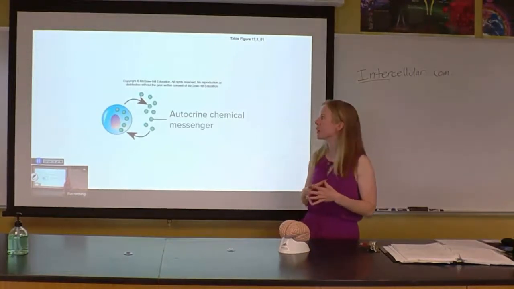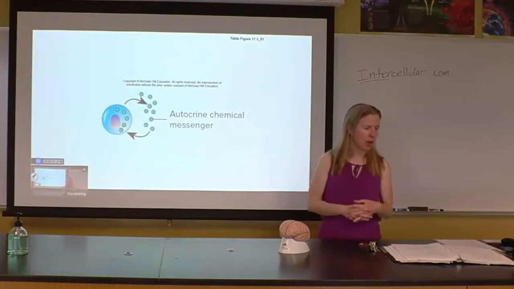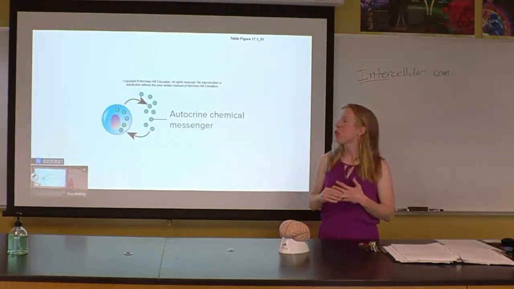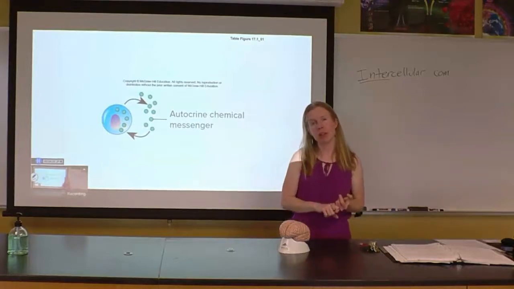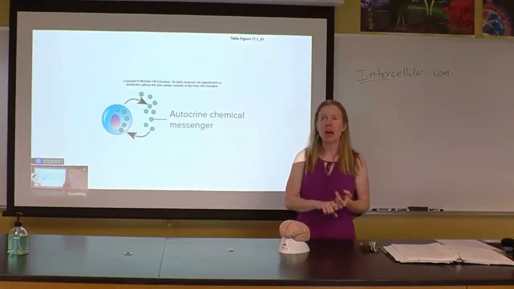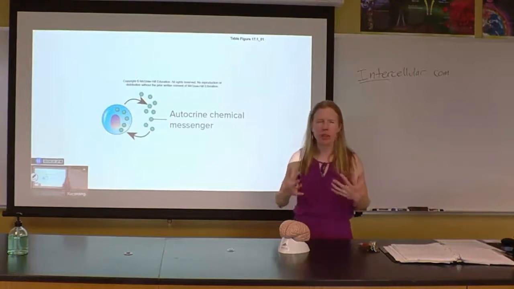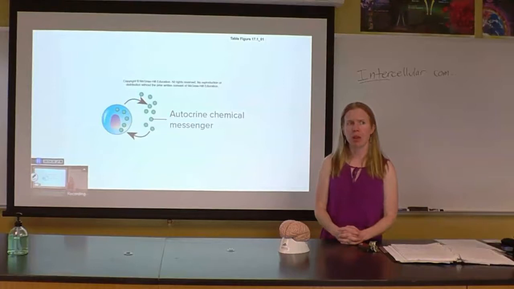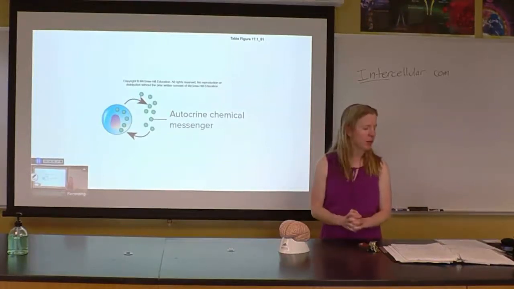Okay, so that would be an example of autocrine cellular communication, right? Those chemicals that white blood cells release are in a group called leukotrienes. Prostaglandins are another set of chemicals that you might hear, where it's really a very, very localized kind of communication.